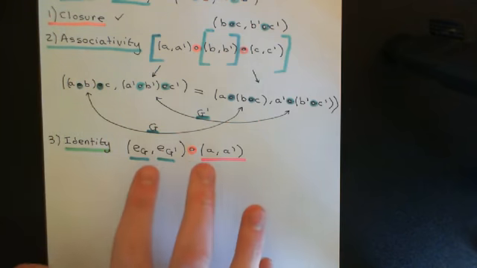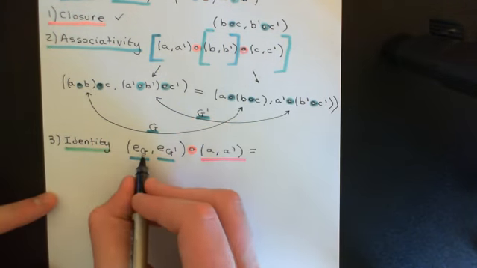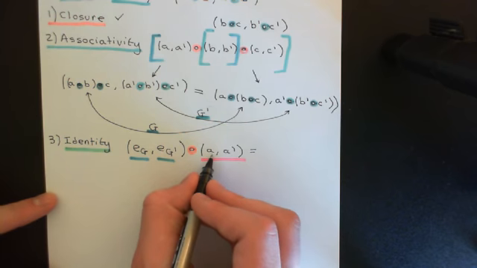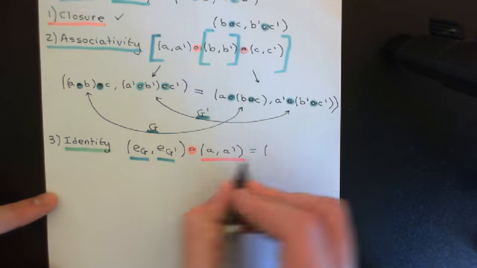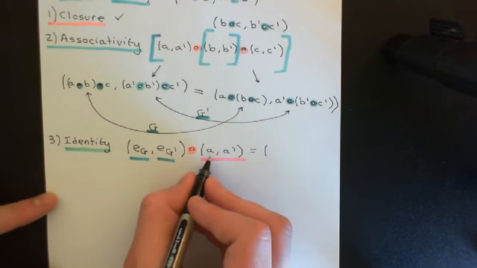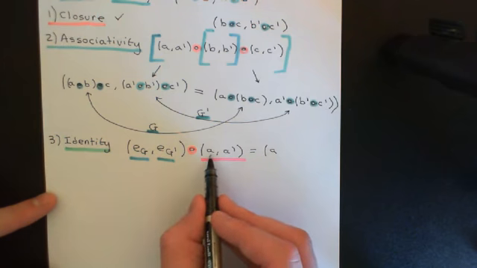Well, of course, we just multiply component-wise here, so we'll be composing the identity in G with the element A, and we'll be doing that in the group capital G. But of course, when we multiply the identity in G by any element in the group capital G, we'll just get that element back again, so the answer here will be little a.